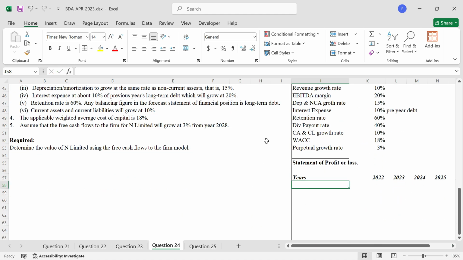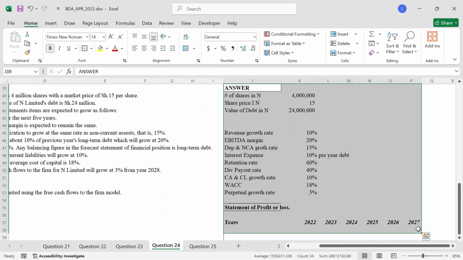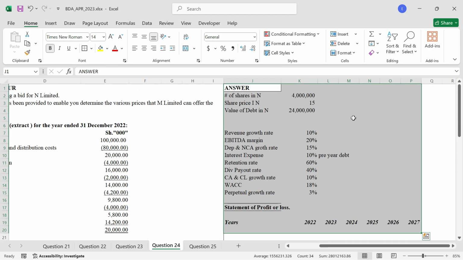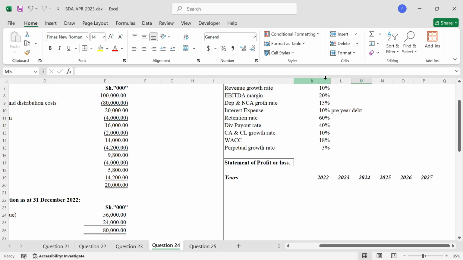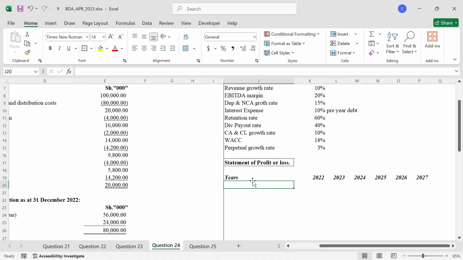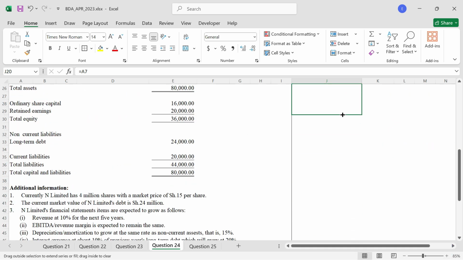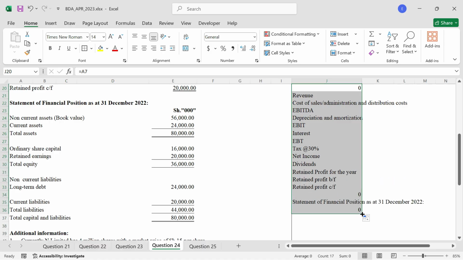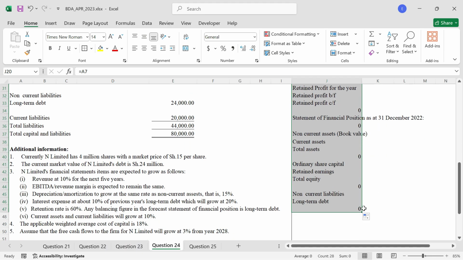Maybe before I do that, I can move all my values to the top of my worksheet. So now I can fill in my statements from revenue. I can also pick my SFP just so I can pick all of them together.